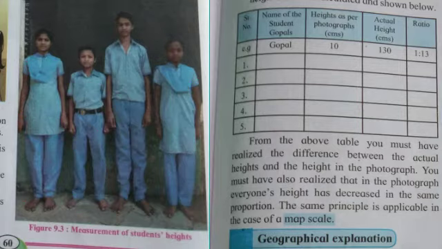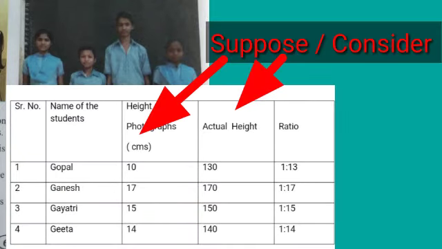Here in this chart, the height of Gopal as per the photograph is given 10 cm and actual height of Gopal is 130 cm. The ratio of his height is 1:13. The height of tallest boy, that is Ganesh, as per the photograph is 17 cm and actual height is 170 cm.